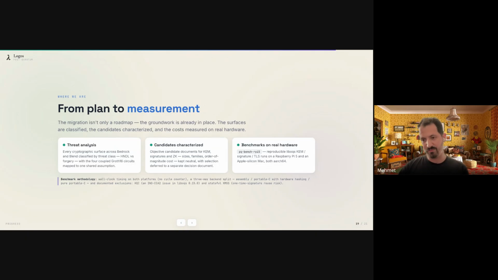Therefore, for the testnet, we also run that node on a Raspberry Pi, and we can see good results for this one also. And we don't want to change that Raspberry Pi requirement for post-quantum. And we did our benchmark on Raspberry Pi.